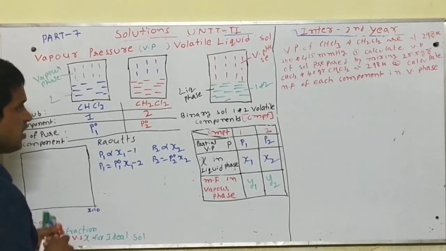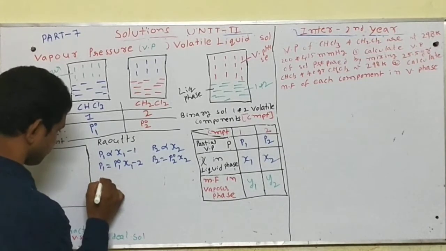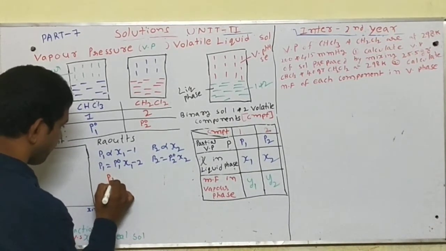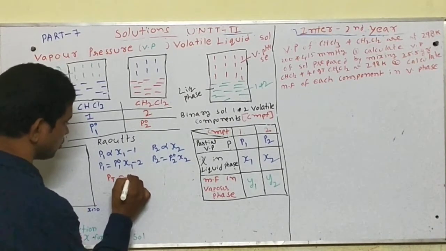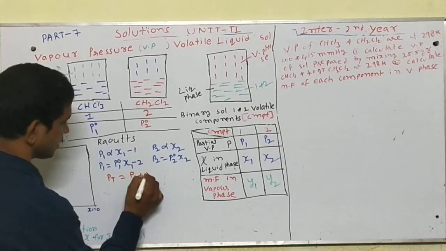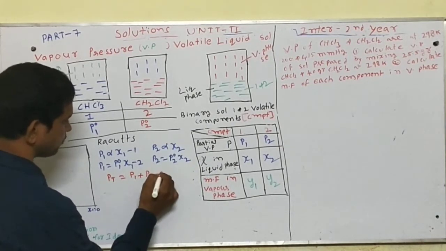From Dalton's law, Pt is equals to P1 plus P2.